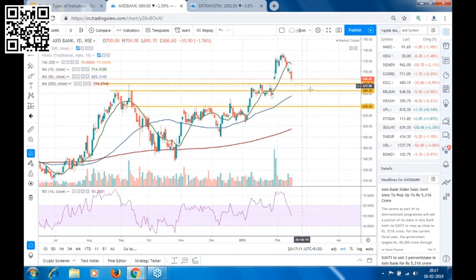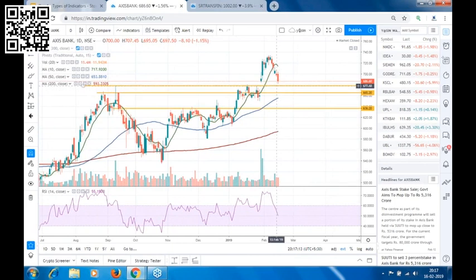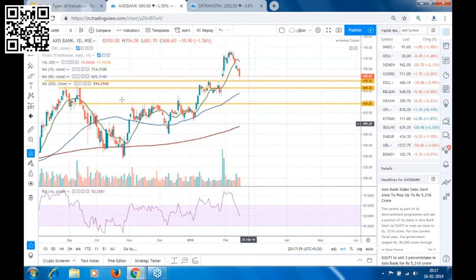If Axis Bank goes below 678, then this can be a good shorting opportunity for us, because as I told you, whatever is your support, once it is broken, that acts as your resistance, and when resistance is broken, that acts as your support. So now the stock is at 686. So around 678 to 680 we can see a support in the stock. Once that support is broken, then this can be a good shorting opportunity for us.